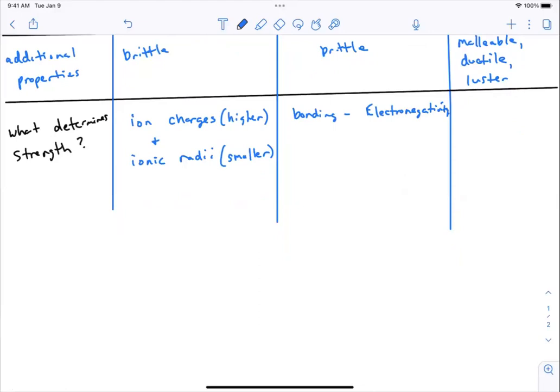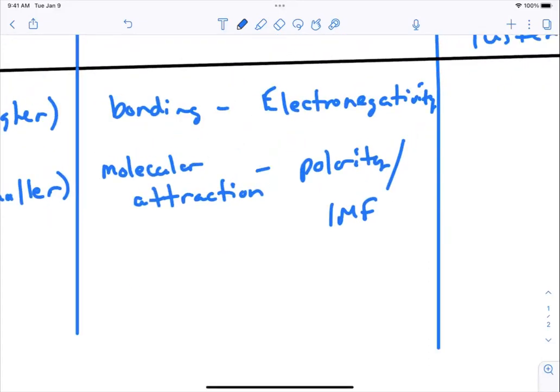Now for molecular attraction, it's polarity slash IMF. If you're looking at just a single bond in a molecule, you compare the electronegativity differences. But if you're looking at two different covalent molecules like water versus methane, you would look at their polarity and their IMFs to see which one has a stronger attraction. Jada?